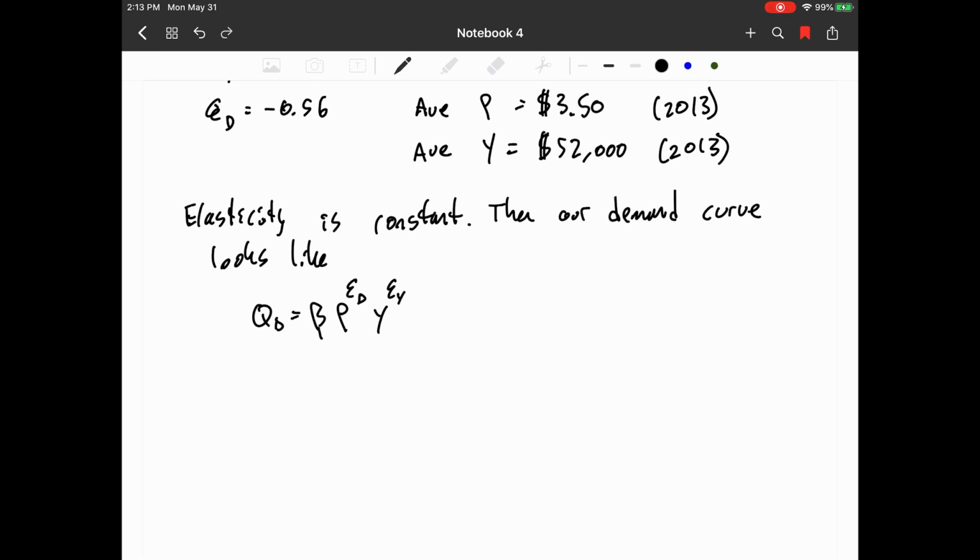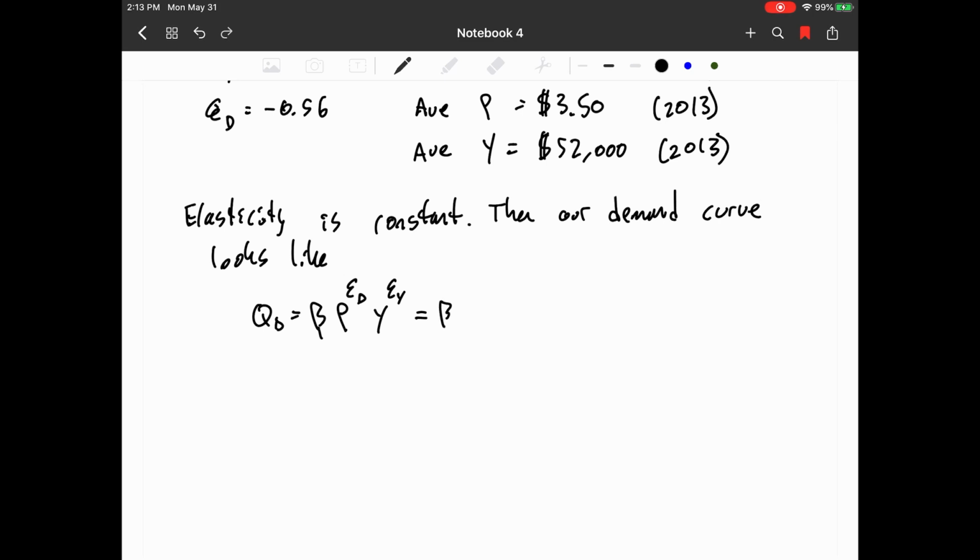You'll notice this looks somewhat similar to our Cobb-Douglas, where we have price raised to some power times income raised to some power, and then we have some coefficient out front. But the main difference here is that y has some power. We're not going to get into the details of where this comes from in this video, so just take it as given.